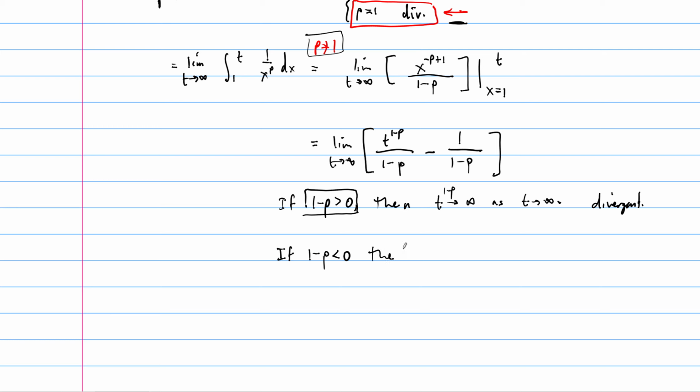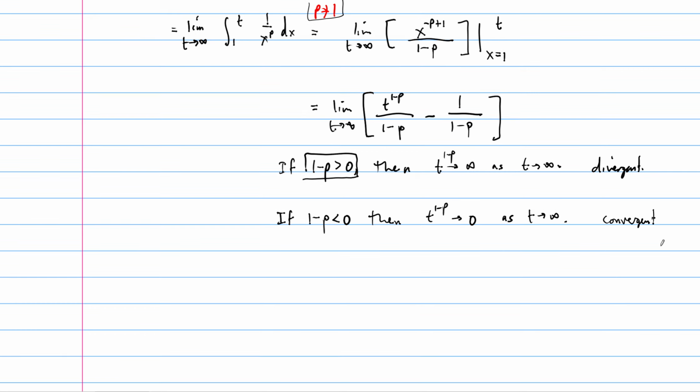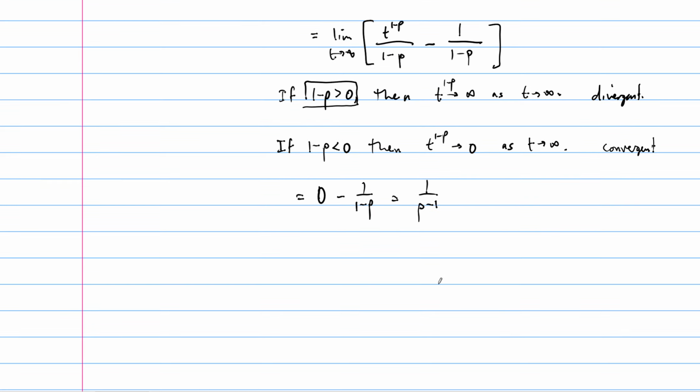So t to the 1 minus p approaches 0 as t approaches infinity, and so this one's going to be convergent. This whole term will become 0, so we get 0 minus 1 over 1 minus p, which is equal to 1 over p minus 1. And so that's what we get.